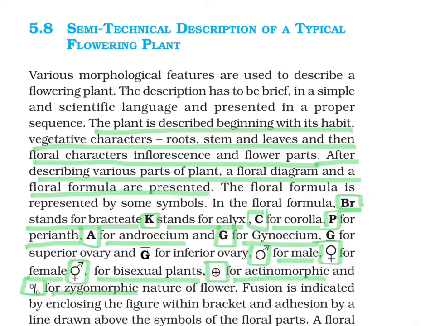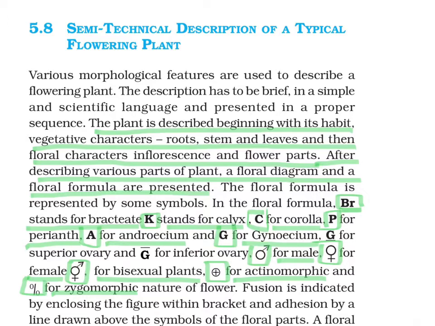In various flowers, gynoecium position is different, meaning ovary position is different. So G with an underscore represents a superior ovary, meaning the gynoecium is located above the line. Then if G is represented just below the line, it is an inferior ovary.